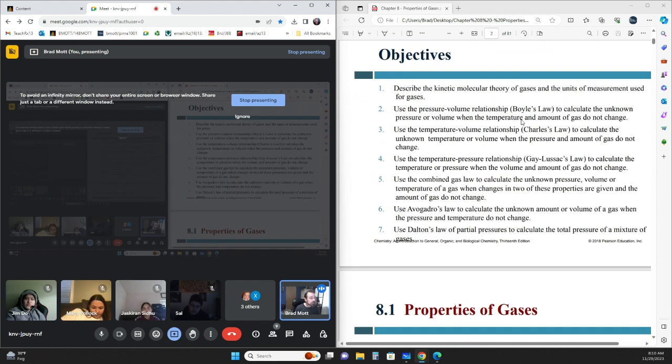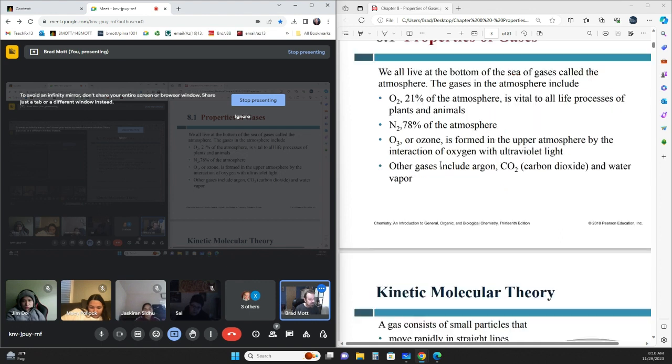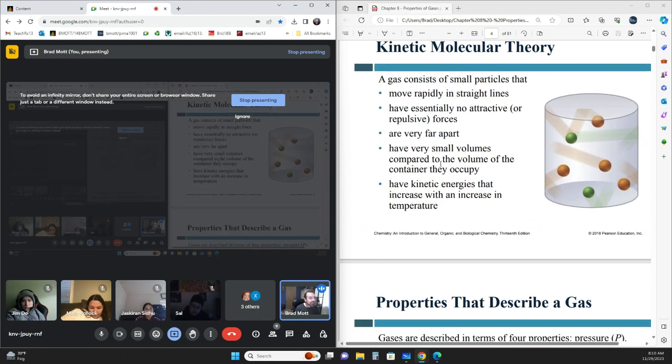That's what we're going to be looking at, and we'll polish off with Avogadro's and Dalton's, which are relatively straightforward. The key thing is going to be numbers 2, 3, 4, and 5. That 21% was just my little informational thing to get you fascinated about gases, if there is such a thing.